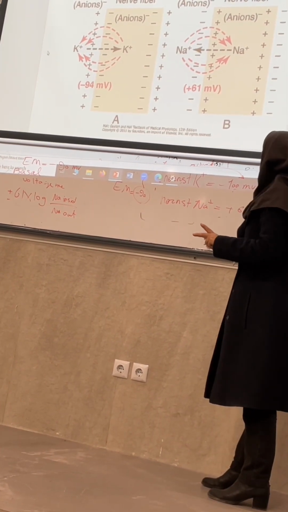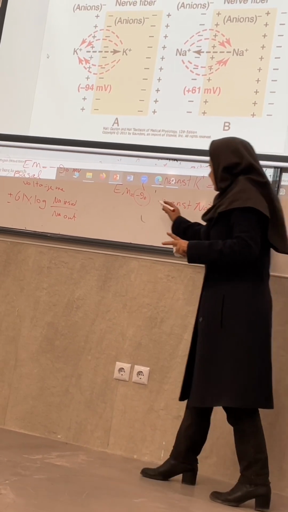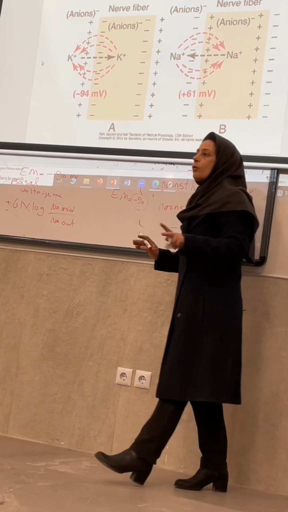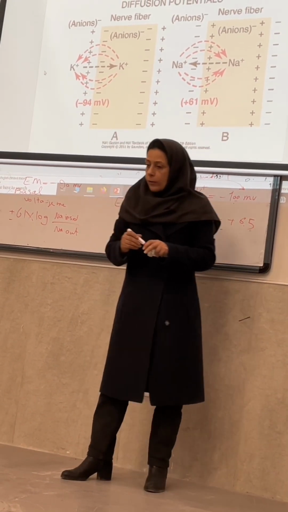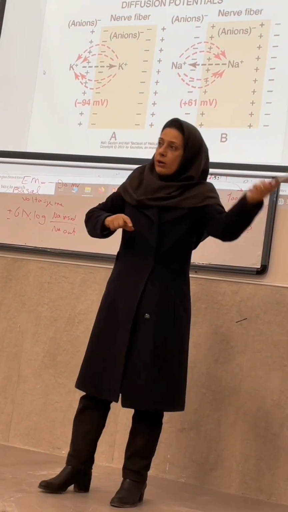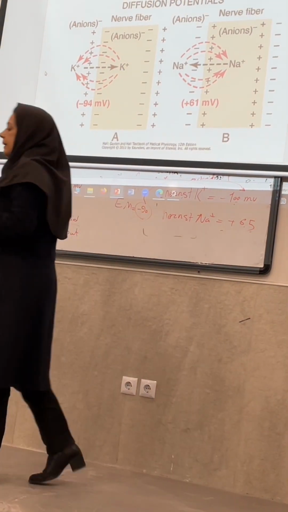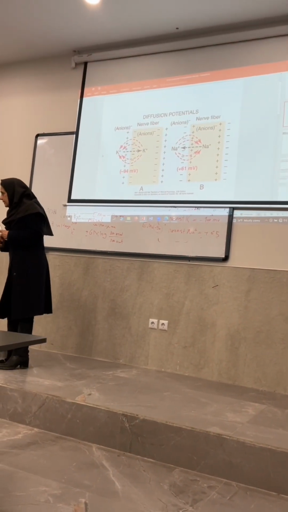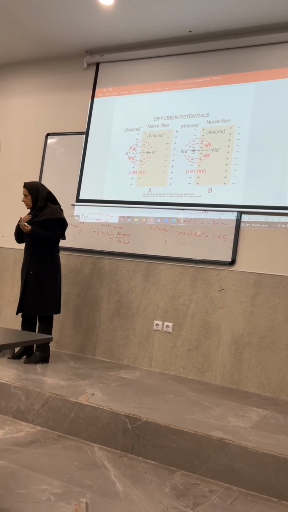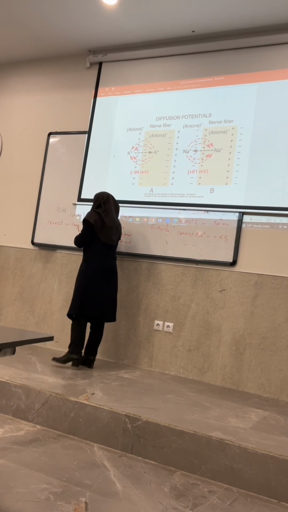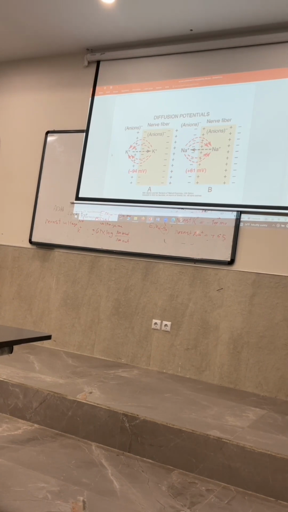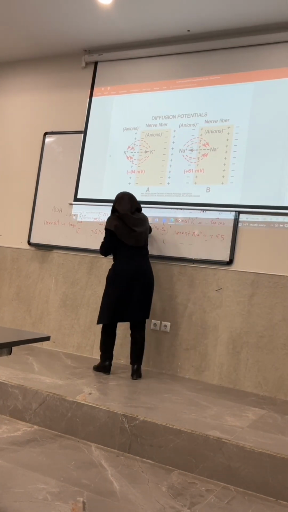For sodium, after reaching that number, sodium is okay, and there is no more movement of sodium. So whenever the chemical gradient is opposite to the electrical gradient, exactly like potassium, to know what finally happens you must compare the Nernst equation of potassium with EM. Then you understand the direction of movement.